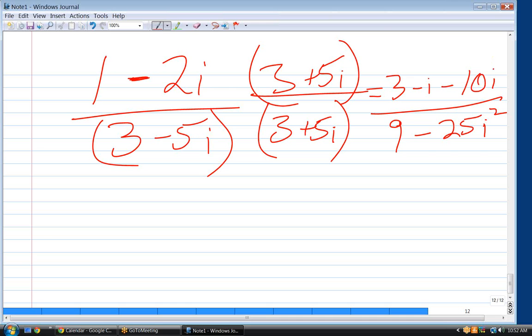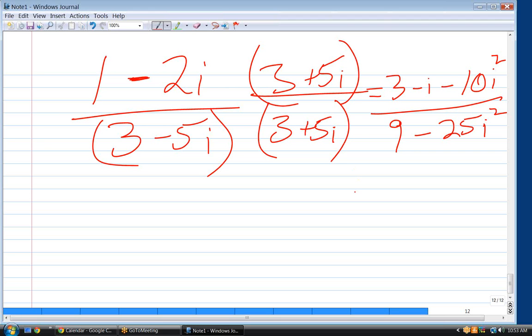Don't forget the i squared. And the reason is that we're always going to turn that into a real number. So this last number you get is always i squared, just like the bottom is always i squared. Whenever you're multiplying these conjugates, you've always got an i times an i as the last part of the FOIL.